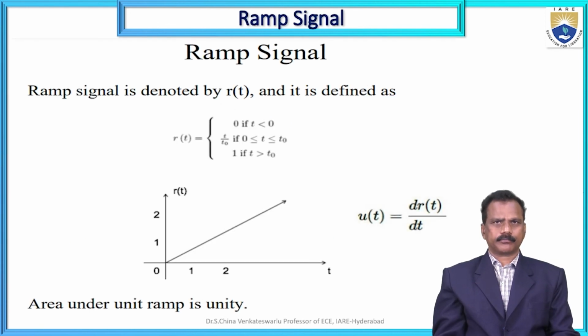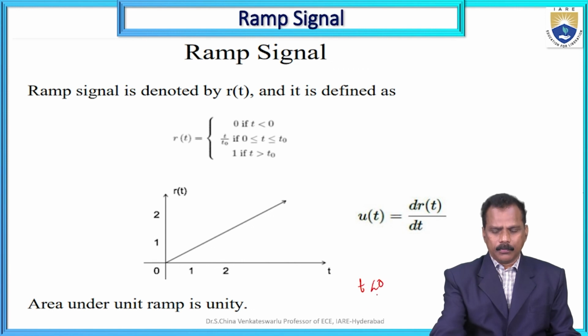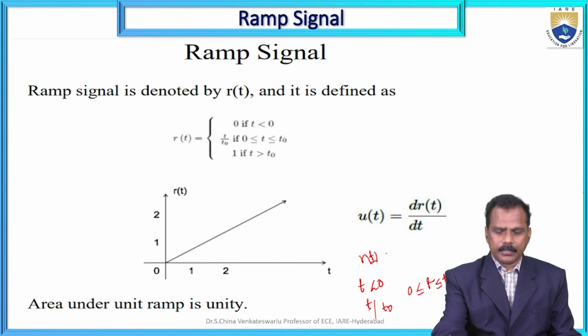Okay, ramp signal. The ramp signal is denoted by r of t and it is defined as r of t equal to 0 if t less than 0, t by t naught if 0 less than or equal to t less than or equal to t naught, and 1 if t greater than t naught.